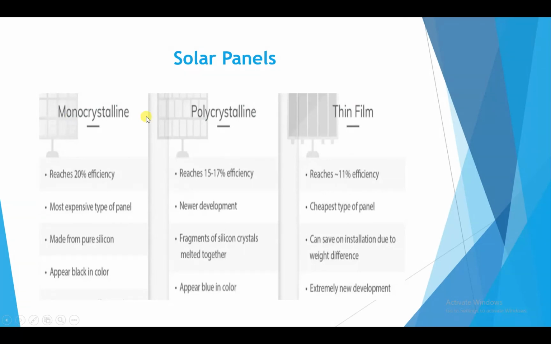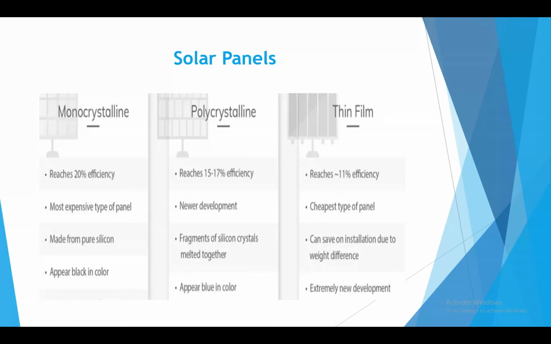Monocrystalline has an efficiency of about 20%, or somewhere between 23 to 25%, whereas polycrystalline efficiency reaches 15 to 17%, and thin film has 11% efficiency. Monocrystalline is the most expensive among the solar panels. The polycrystalline is newer, and thin film is the cheapest type of panel.